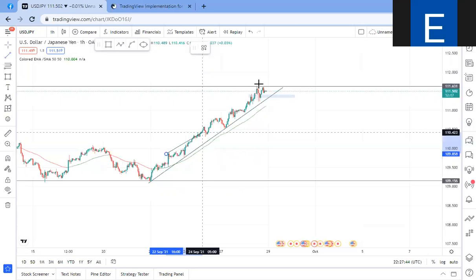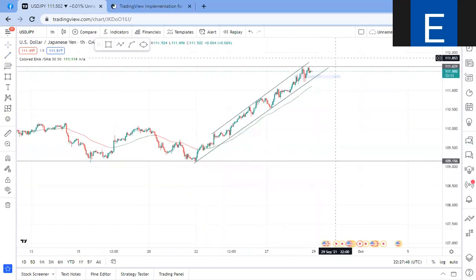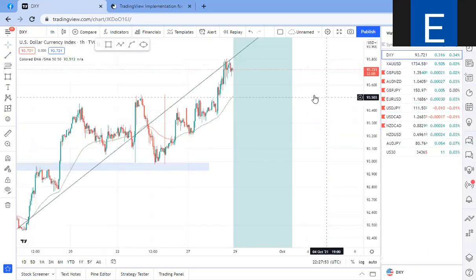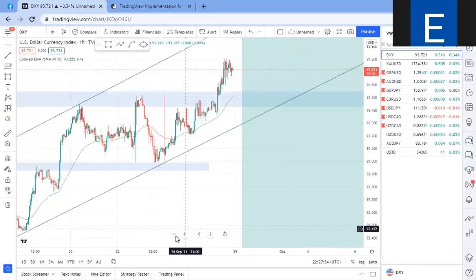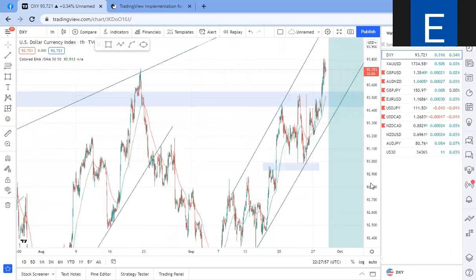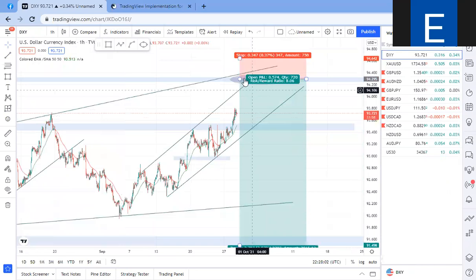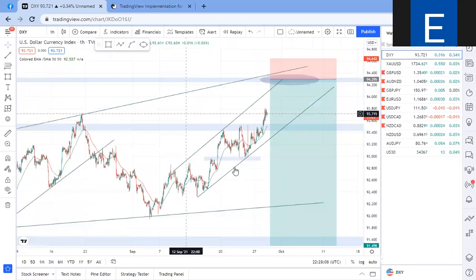Since I'm already anticipating a possible move, let me see the DXY. The DXY is approaching an area where it might likely sell off. So during this push to the upside, if it ever happens, we may see some crazy moves in the market.